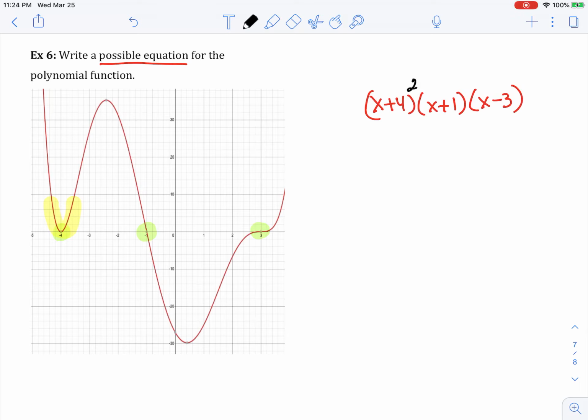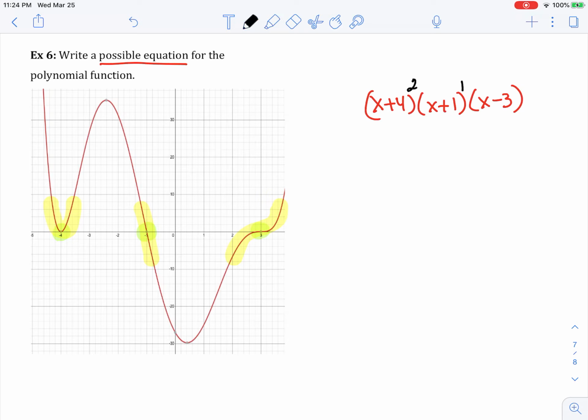I could have a 2, I could have a 4, I could have a 6, I could have any even exponent. Around the x-intercept of -1, our graph is taking on a linear shape. And so if something is linear, that means it would have to be raised to the exponent of 1. And around our x equal to 3 x-intercept, our graph is taking on this cubic shape.